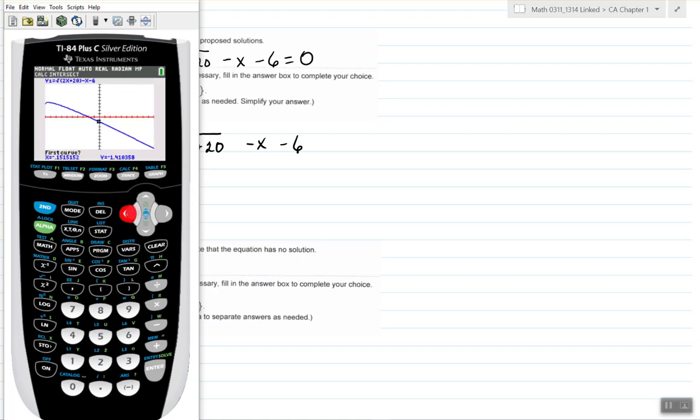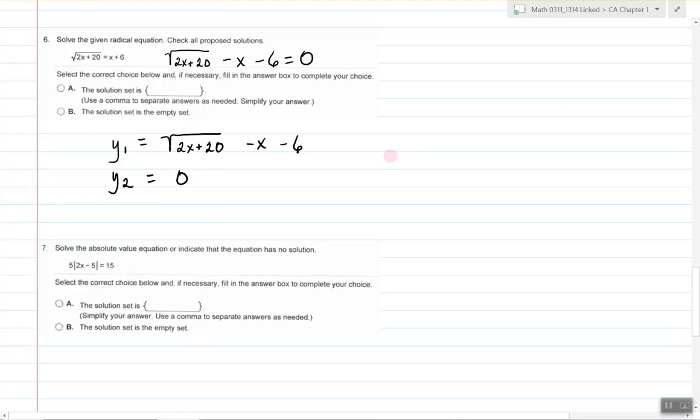The point of intersection is back here. Enter, enter, enter. The point of intersection appears to be -2, and that is my solution set.